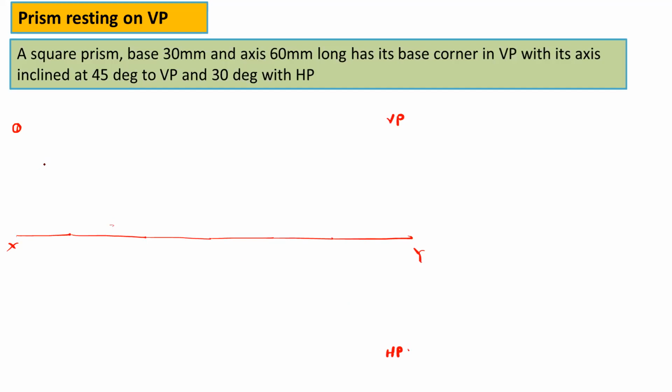Now in the first step, as the complete prism is resting on the vertical plane and the axis is perpendicular to the vertical plane, in the front view you can observe the true shape of the base. So we have to draw the square like this, which is called the equally inclined condition, because here the prism is resting on the corner of the base, and therefore we make the front view, that is the square, equally inclined.